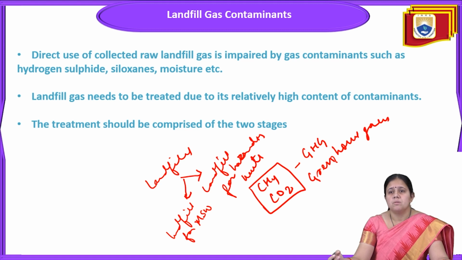The methane is not pure; some hydrogen sulfide, some siloxane, and some moisture will be there. So before using this gas for electricity or energy production, these contaminants have to be removed.